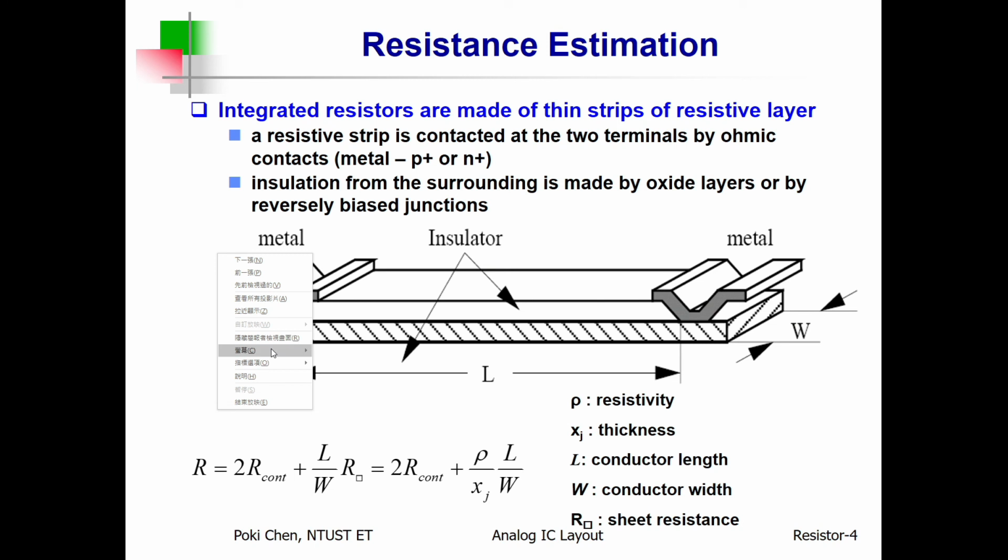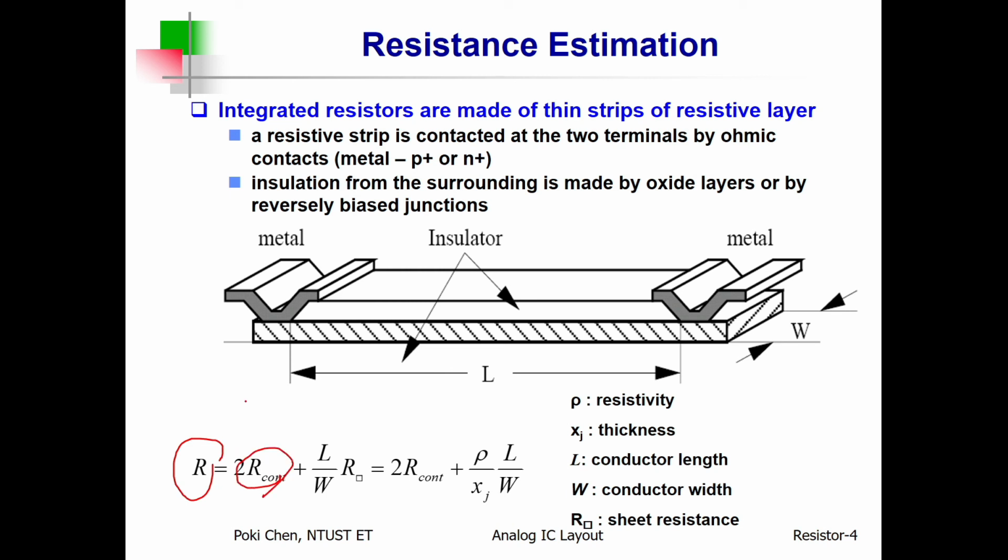The total resistance equals the resistance of two contacts, then the overall resistance of the main resistor.